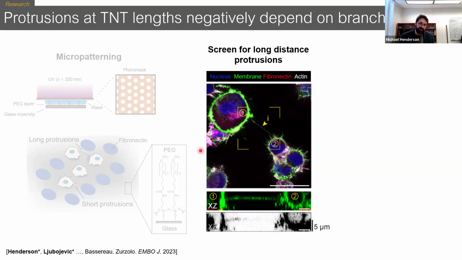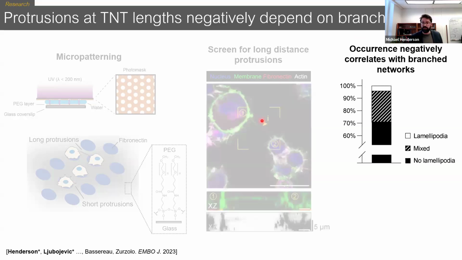What we found using this methodology to look at TNTs is we were able to deduce phenotypic dependencies for protrusions of TNT length scales. For example, we found that many of the cells forming TNTs, the TNTs were originating from cells not making lamellipodia.